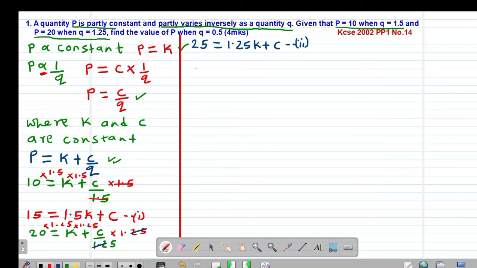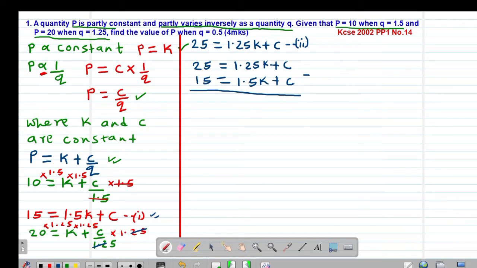So I'll write the second equation, 25 is equal to 1.25K plus C. Then I also write the first equation, which is 15 is equal to 1.5K plus C. If I want to use elimination, I'm simply going to subtract these two equations, because C is common and therefore will cancel out.